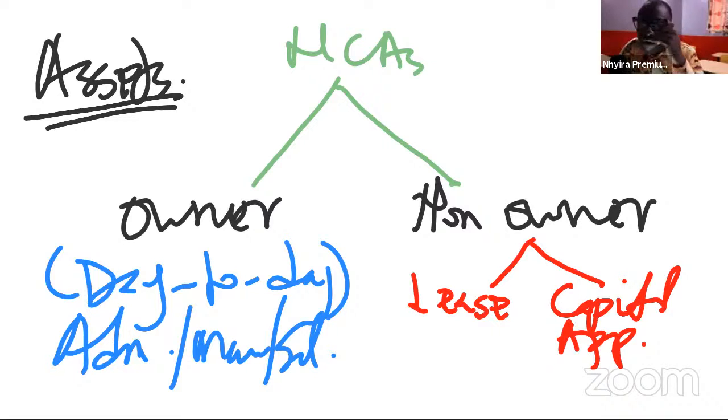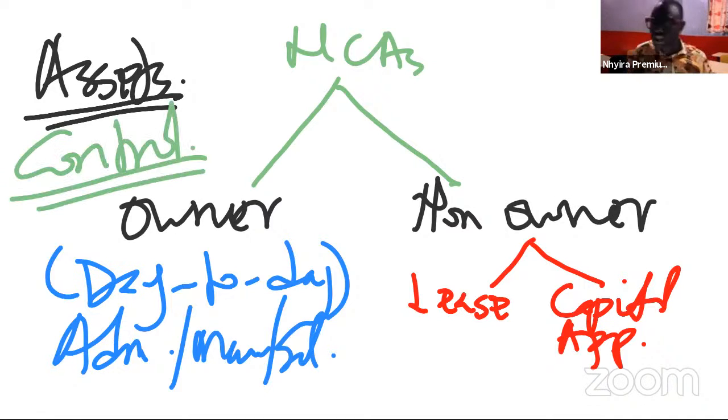In simple language, in your KG2, you remember that you were taught that assets are resources owned by the company. That is not the standard definition of assets. Instead, we say that assets are resources controlled by an organization as a result of past events from which future economic benefit flows to the entity.